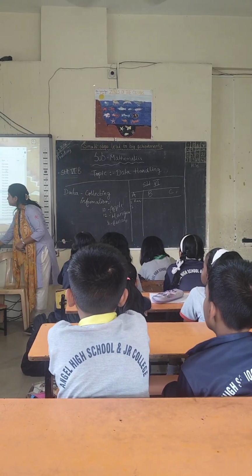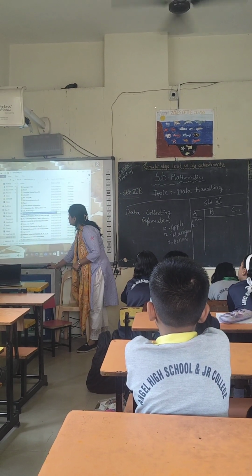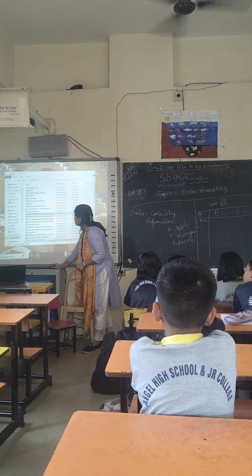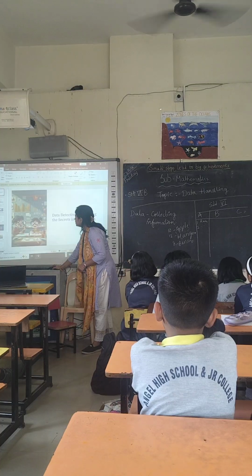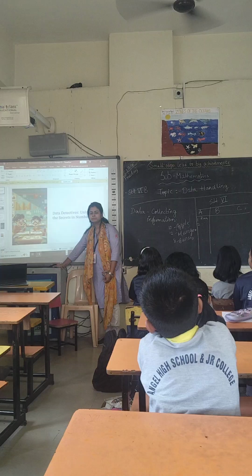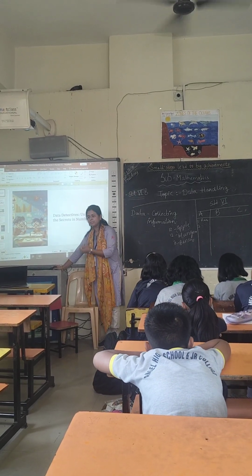Now let's move towards the next. So this is data. See this picture. Can you see this picture? What are they doing? They have a magnifying glass, and why?